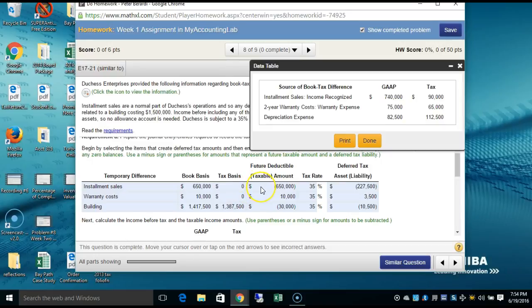You get your tax differences in this column, extend the tax rate to determine your deferred tax asset and liability. Again, your deferred tax asset is going to be based on your warranty costs. Your deferred tax liability is going to be your installment sales and depreciation expense.